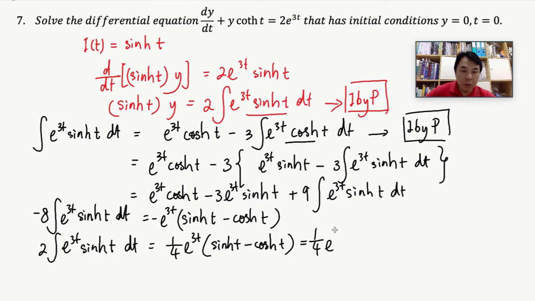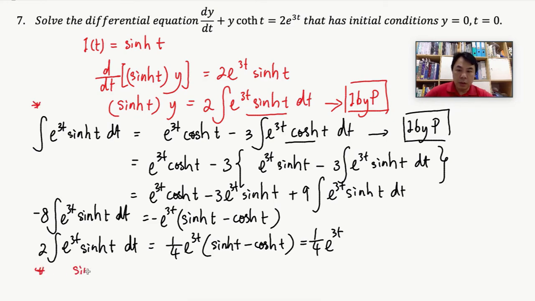You can leave it in the hyperbolic form if you want. If you leave this as a hyperbolic form, then I would just finalize the answer from this section here.